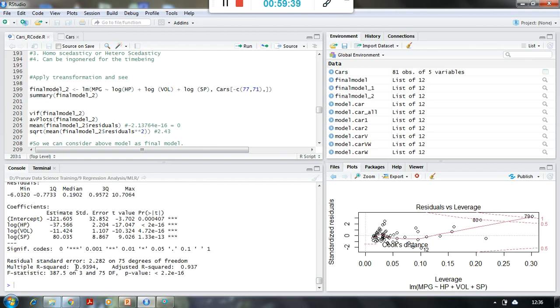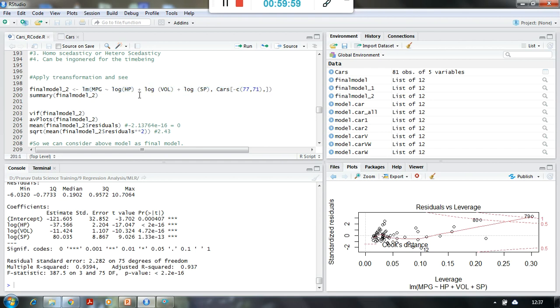Look at this, my R square has gone up to almost 0.94, and all three now have 3 stars. They have become extremely significant, right? So this log transformation has worked. Have I arrived at this log transformation on the first trial itself?